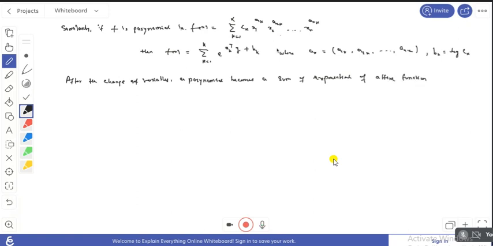This means that after this change of variables, your monomials are exponentials of affine functions and polynomials are sums of exponentials of affine functions.